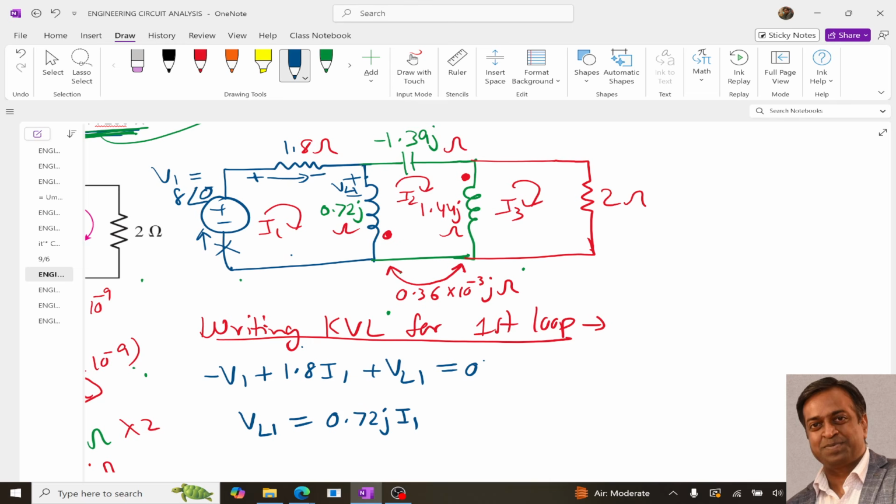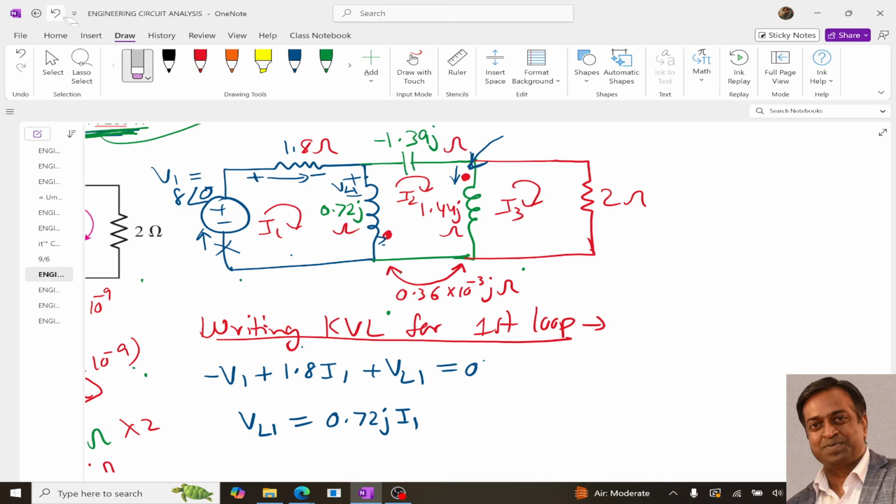Now over here for the mutual inductance, we know that this dot will be positive if the current is entering through this node. If the current is entering through this dot, then this dot will be positive, right?